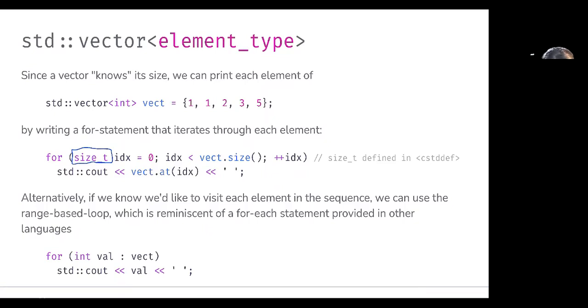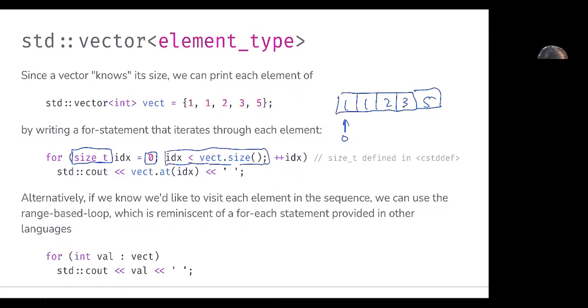We initialize it with 0, which means at this point, idx is right there. We check whether or not we are outside the range of this vector.